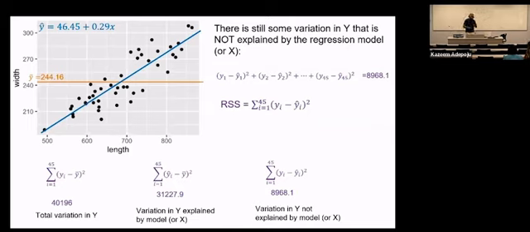The variation around the dependent variable, in this case the NASA weight, has been decomposed into the variation explained by the length of the kangaroo and something else. Something else is unexplained. Does that make sense? That is the decomposition I just talked about.